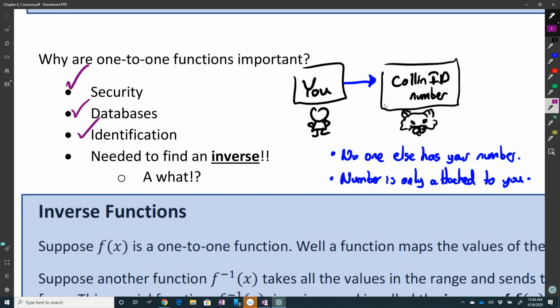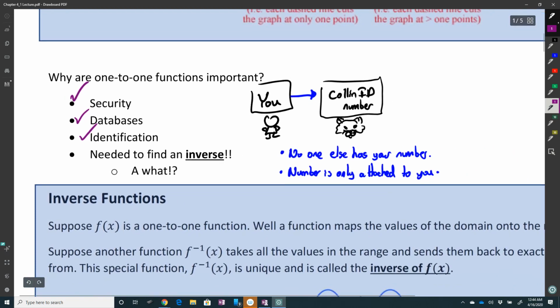Dewey was named after a cat, by the way. But anyway, the Dewey Decimal number is tied to a book, and that book is the only book that has that Dewey Decimal number. So they're kind of woven together. Each ID is tied to one book.